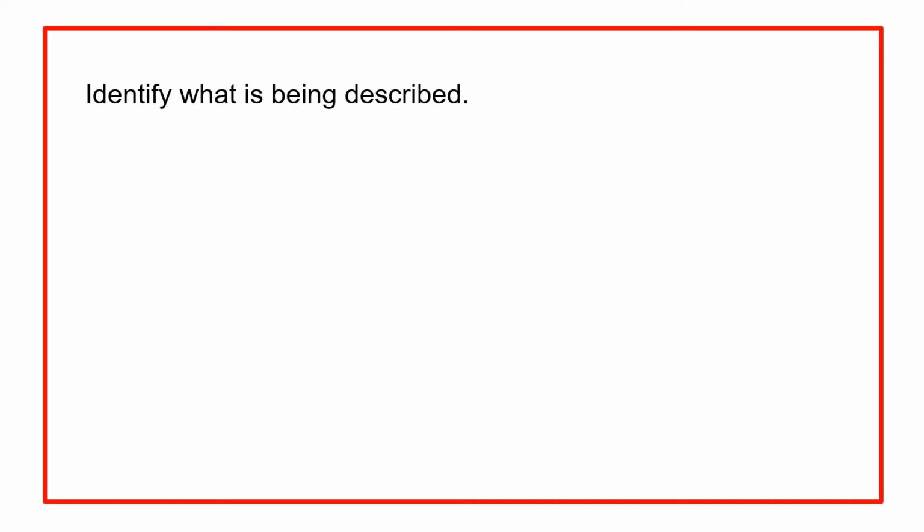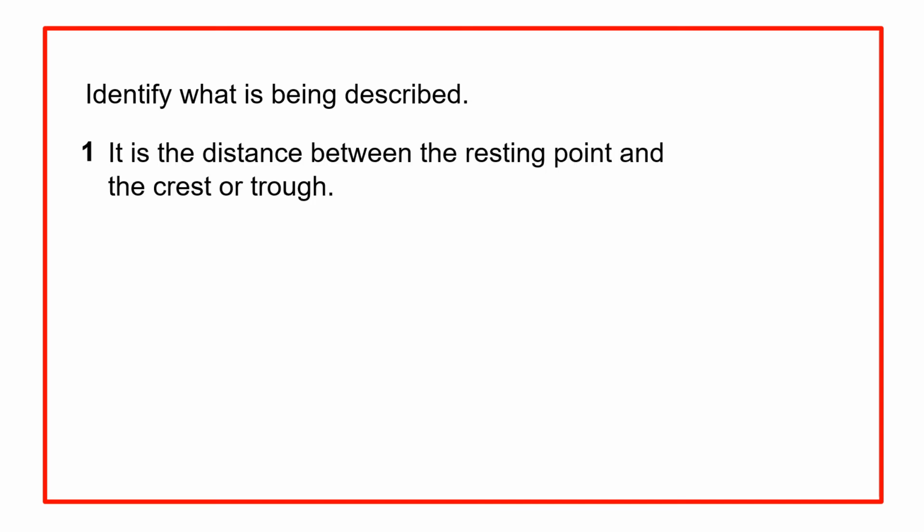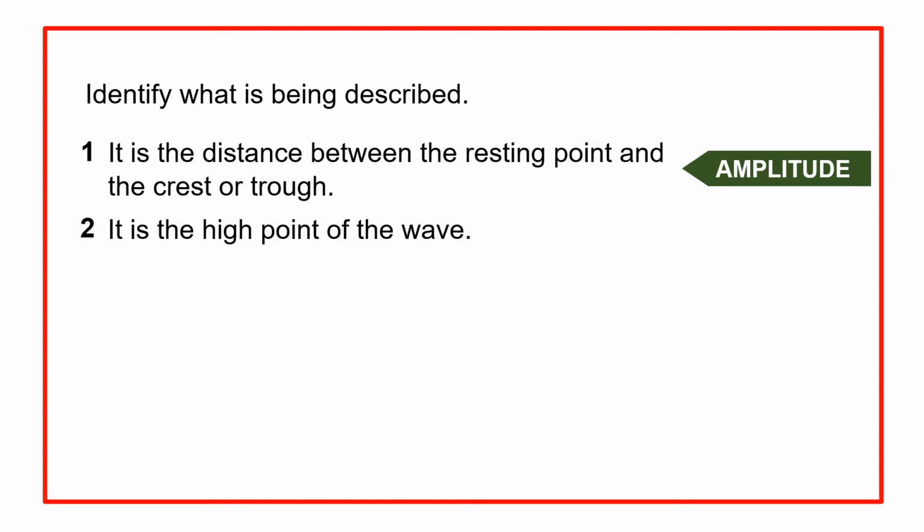Next, identify what is being described. For the first one, it is the distance between the resting point and the crest or trough. What is being described here? The answer, amplitude. Second, it is the high point of the wave.